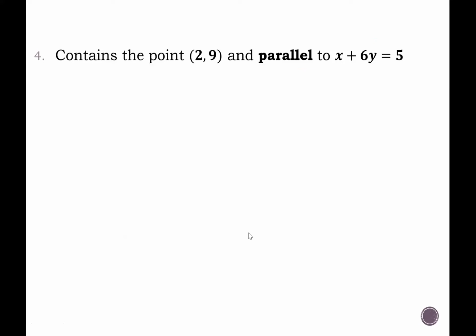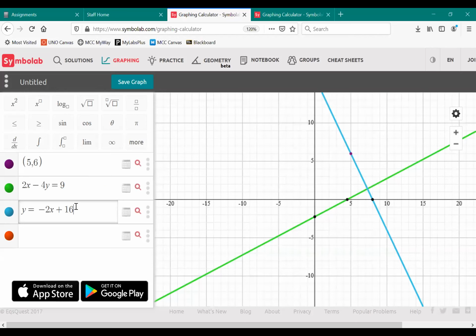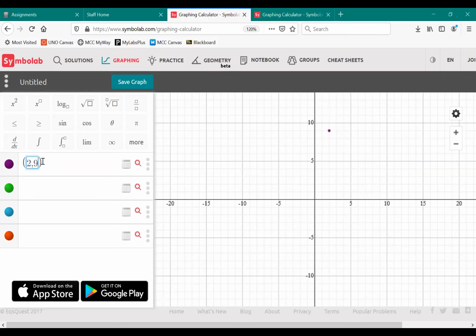Okay, so let's go take a look there. All right, so this time our line is passing through, or containing, the point (2, 9). So I'm just going to get that graphed over here, (2, 9). And this time we are parallel to x plus 6y equals 5.